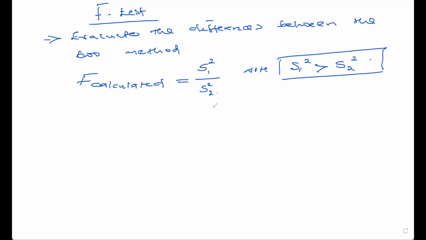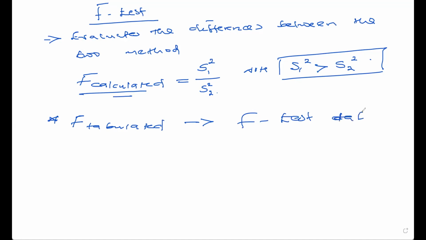Now, what are we trying to calculate here? You are going to have F calculated, the one that you manually calculate, and you're also going to have F tabulated. F tabulated is the one that you get from the F test table.